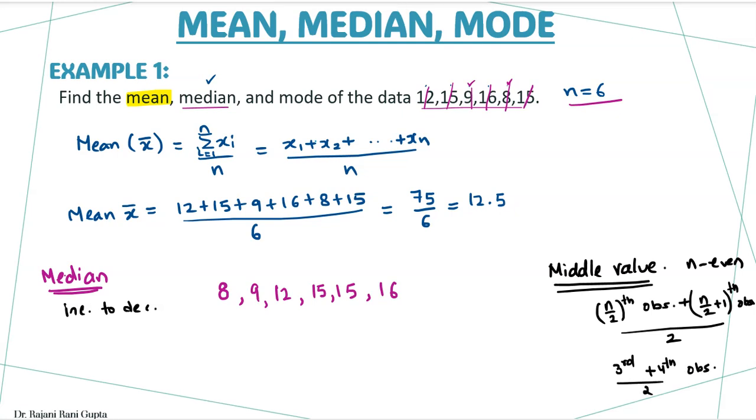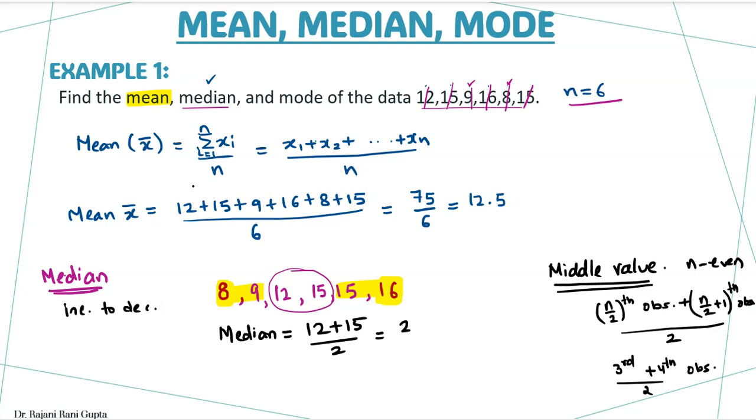Okay, so let's see it in another way. It means that if you count one element on both sides, two elements together on both sides, the central values are these two. So we write median as the average of these two values, 12 plus 15 over 2.